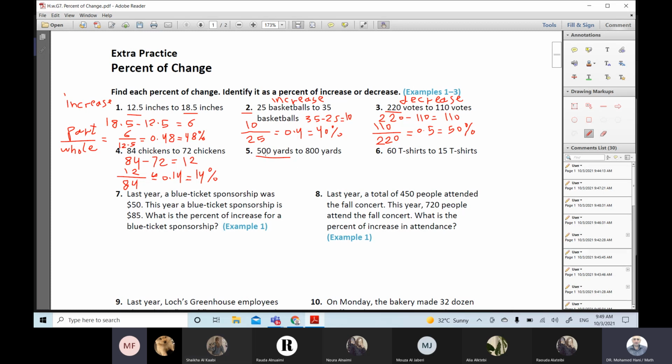Increase. We have increase. Great. So we want to find the amount of increase. Means we have 800 minus 500 will be 300.